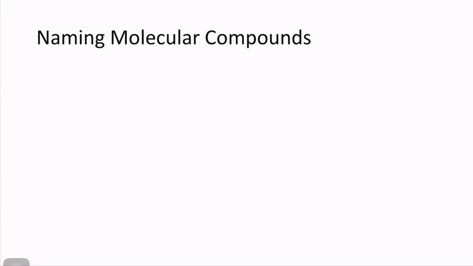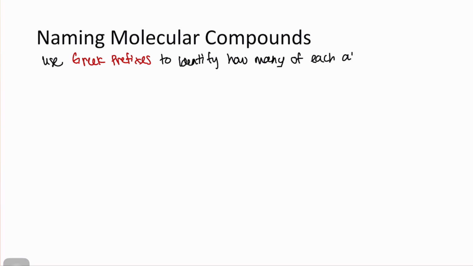So what we have to do is we use the Greek prefixes to identify how many of each atom are in the molecule.